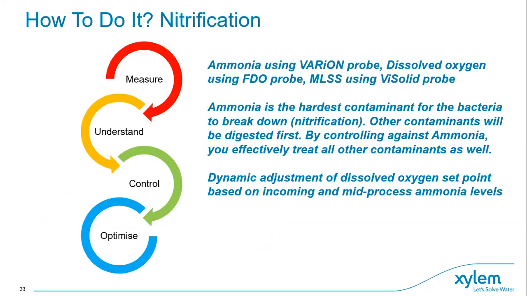So how would we do that? In a conventional nitrifying plant, we would use ammonia probes, dissolved oxygen probes and MLSS probes. So we would adjust the dissolved oxygen set point on the incoming flow and the incoming ammonia load, and then use a mid-process ammonia probe to give us the feedback in terms of how much we are treating, so we can do any trims that are needed.